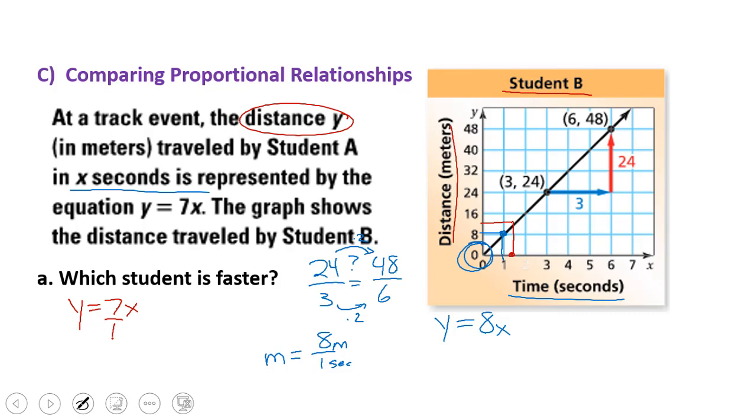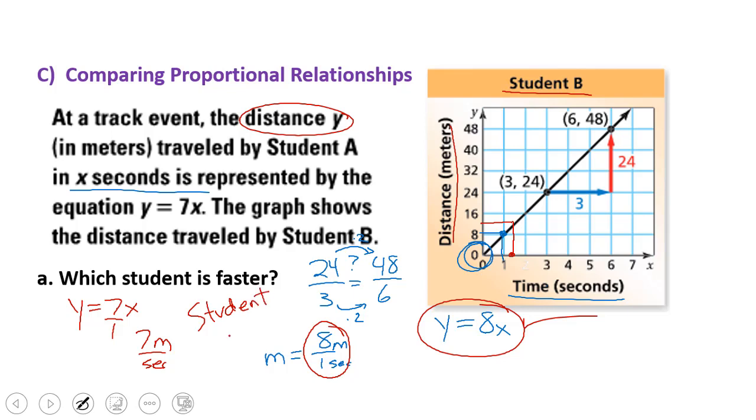Well, we've kind of already solved that, because we wrote the direct variation equation for student B as y equals 8x. So the slope was 8 meters per second. And for student A, y equals 7x, so that's 7 meters per second. So who's faster? That's right, student B. Student B is faster by 1 meter per second. Make sense? All right, let's move right along.